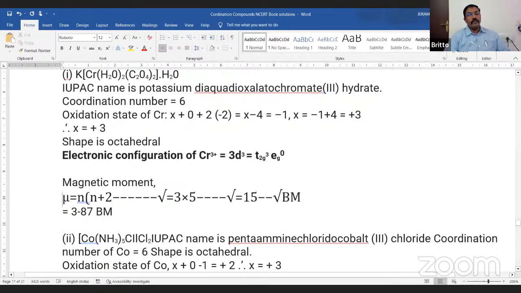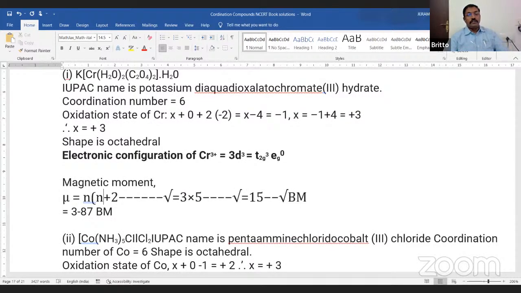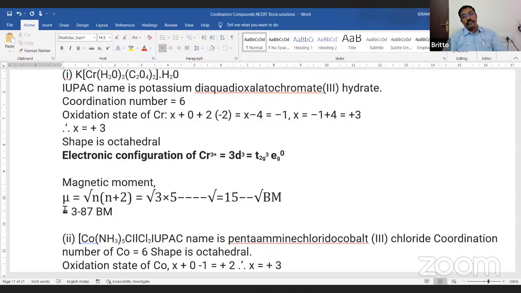Now, the magnetic moment. The formula we saw last time is mu equal to square root of n into n plus 2. So the number of unpaired electrons is 3, and 3 plus 2 is 5. So 3 into 5.